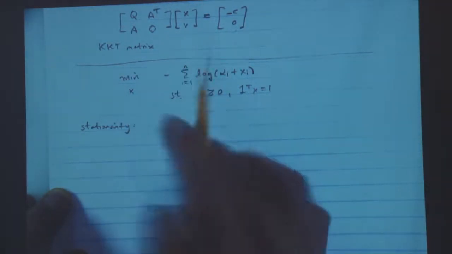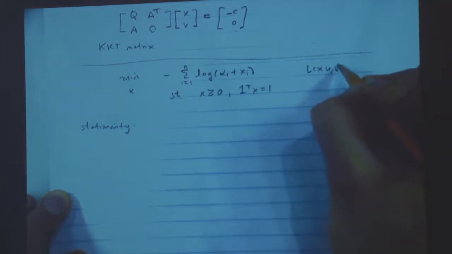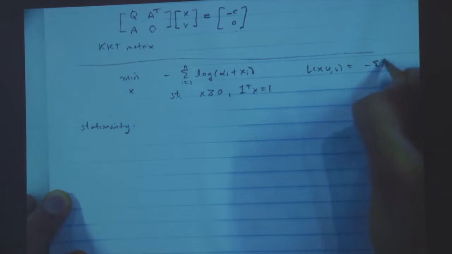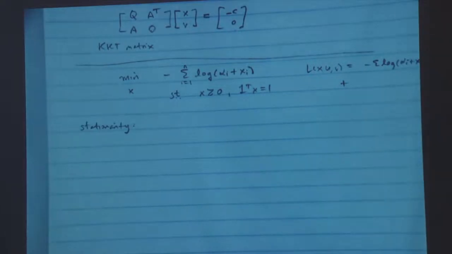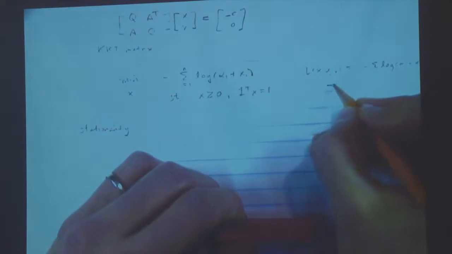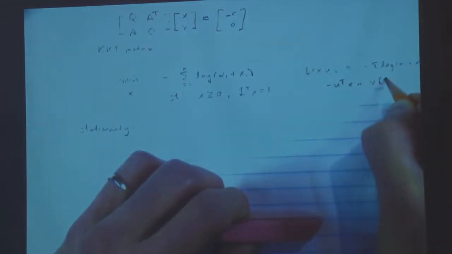So the Lagrangian is just the minus sum of logs, minus u transpose x, plus v times (1 transpose x minus 1).